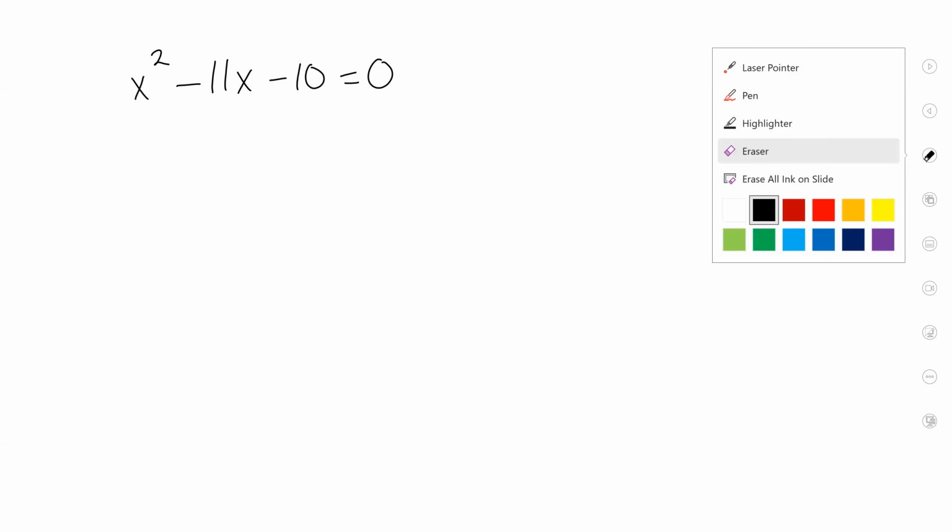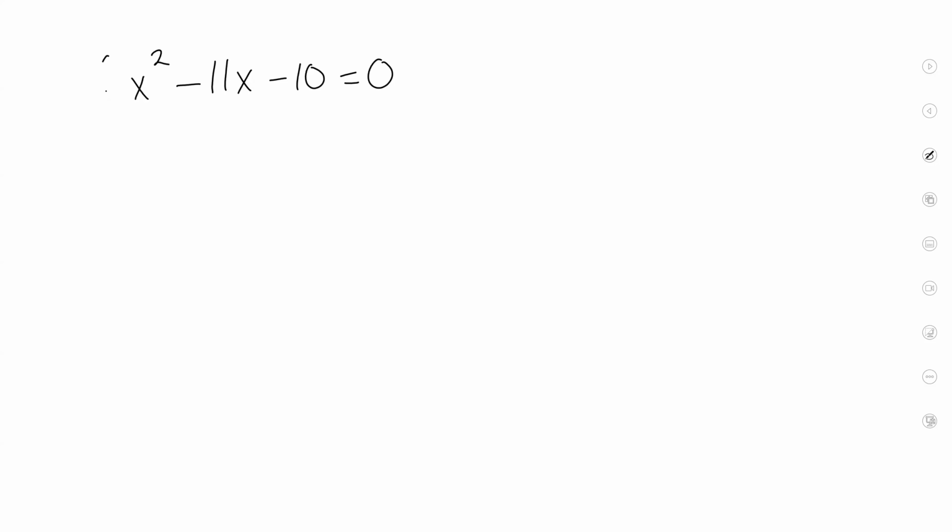Okay, so this is our first problem. Is it in standard form? Perfect. Okay, so now we just need to identify A, B, and C. My A value is 6, my B value is negative 11, and my C value is negative 10.